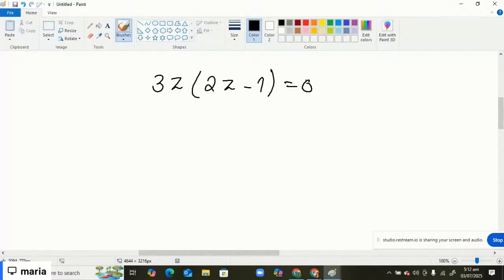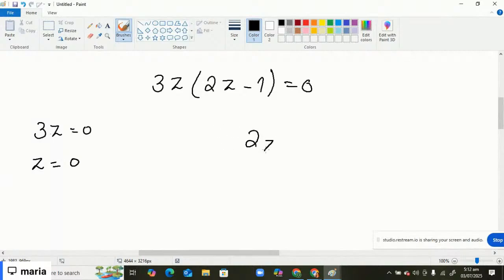If you have a question like this, what we do is: the outside digit is equals to 0, and the inside of the bracket is also equals to 0. When we put the outside number equals to 0, this is 3z is equals to 0. So what is the value of z? That is 0, because both sides are divided by 3.